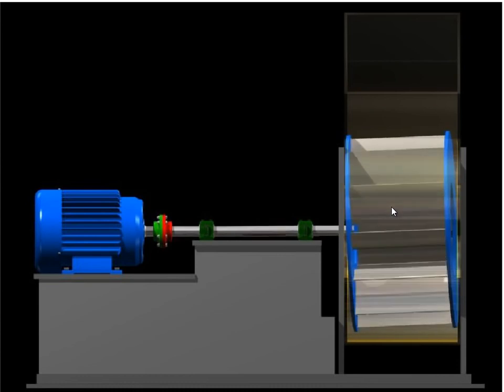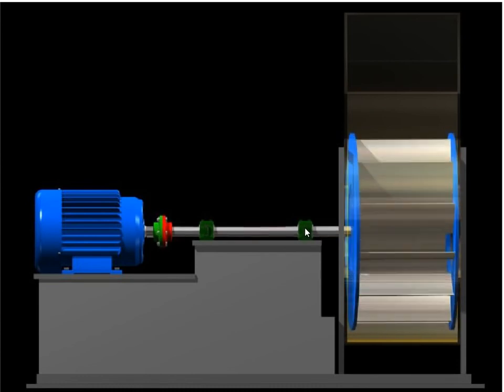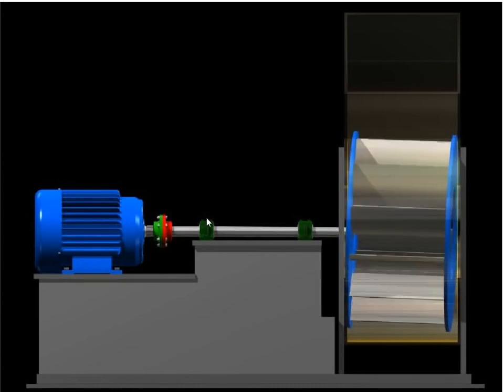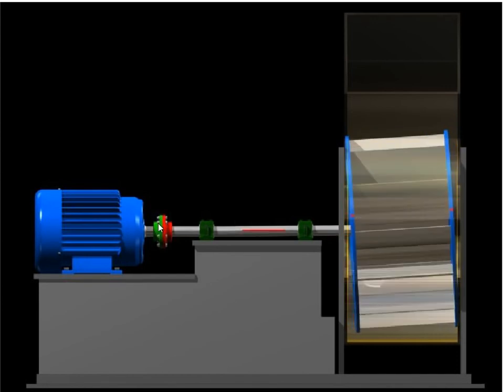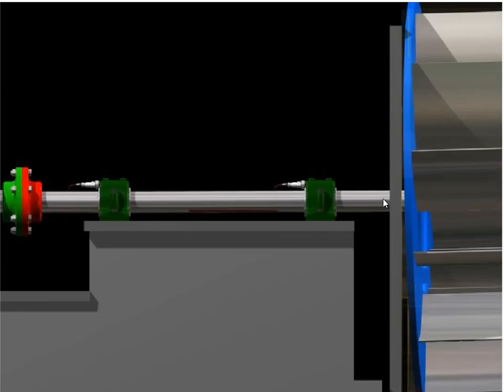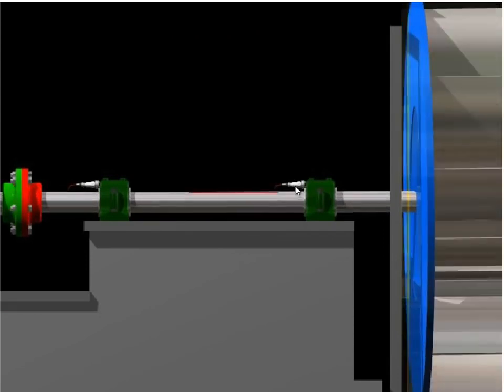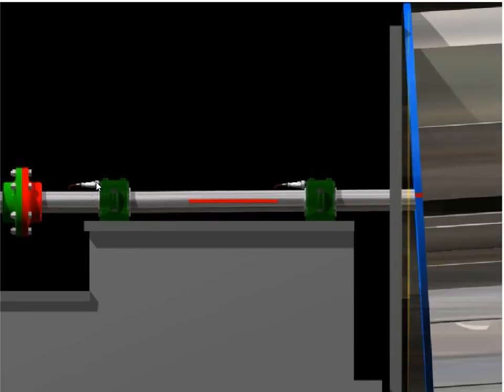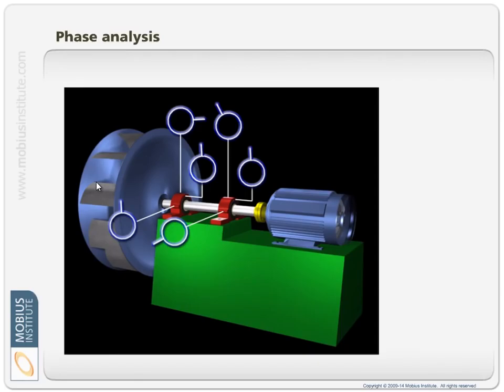So it's still circular motion, so our 90-degree rule applies here and here, but we create axial vibration as well. So we measure that and we look at the phase reading. So we put our sensor axially and see what happens. Now this all might be seeming just a little bit complicated.